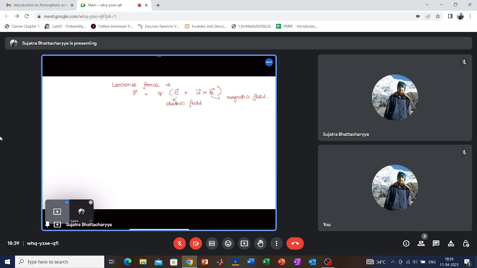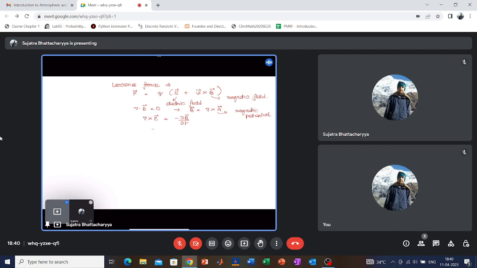Right? Now we already know that del dot B is 0. So divergence of the magnetic field is 0. Now if we can write this, then we can also write that B is equal to del cross A. This is the magnetic potential. Also we know that del cross E is equal to minus del B by del t, these are all Maxwell's equations.